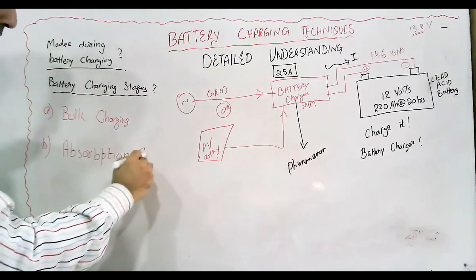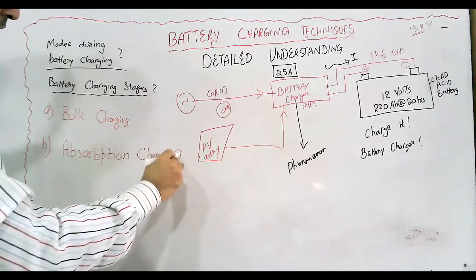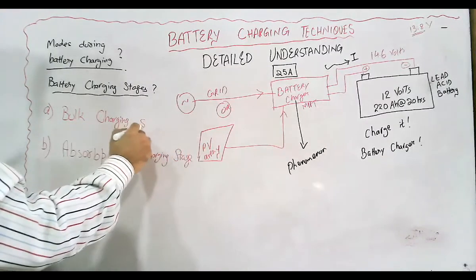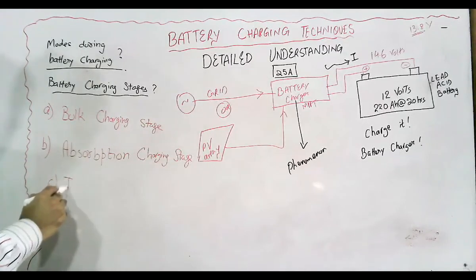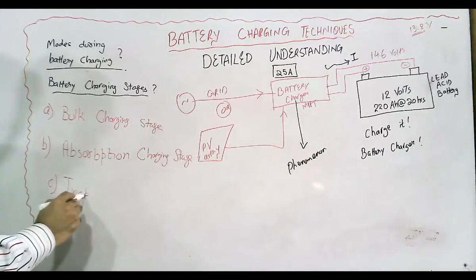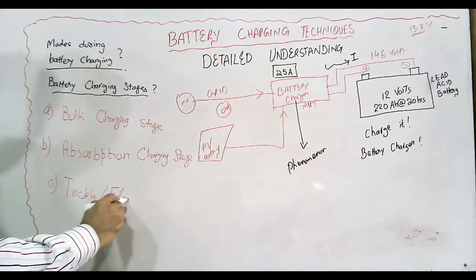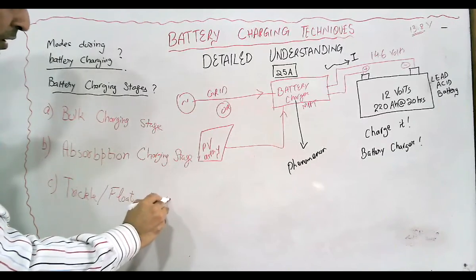This is the absorption charging stage, and the first one is the bulk charging stage. And the third one is trickle or float charging stage.